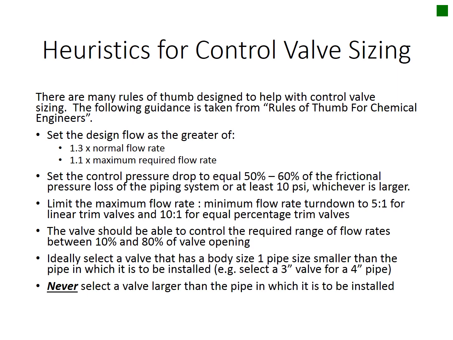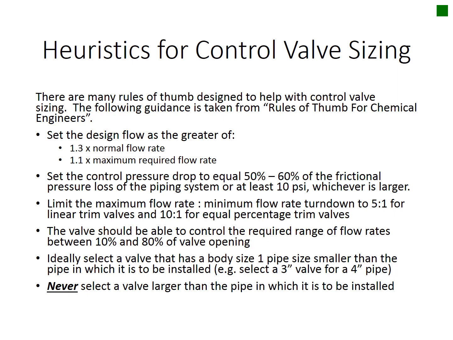We should limit the maximum flow rate to minimum flow rate to a turn down of 5:1 if we use a linear trim valve, or 10:1 for an equal percentage trim valve. Linear and equal percentage will be described in another lesson in this class. And we should be able to control the flow so that the valve is between 10% and 80% of valve opening.